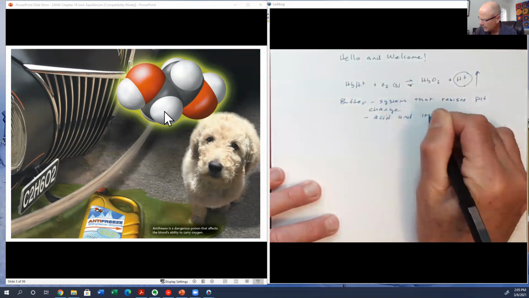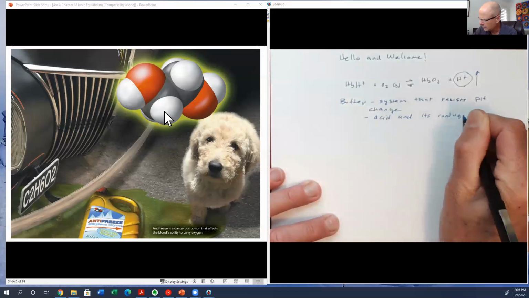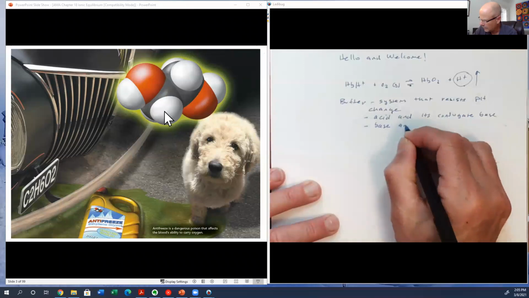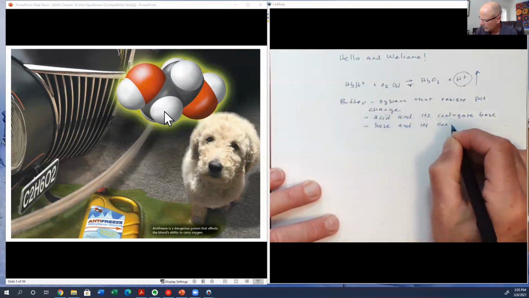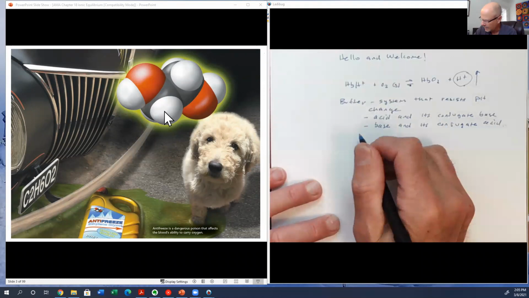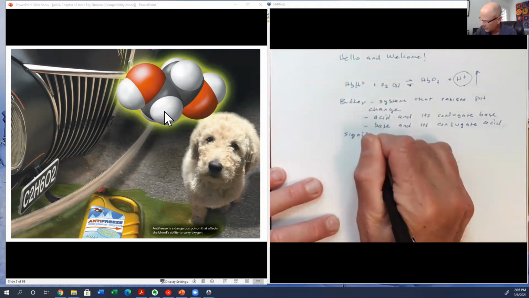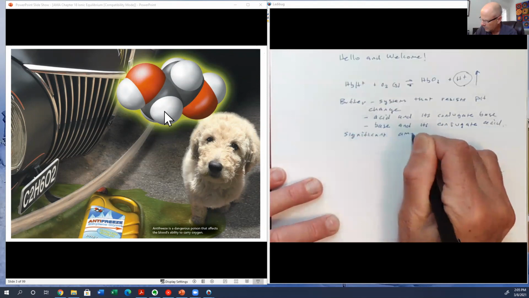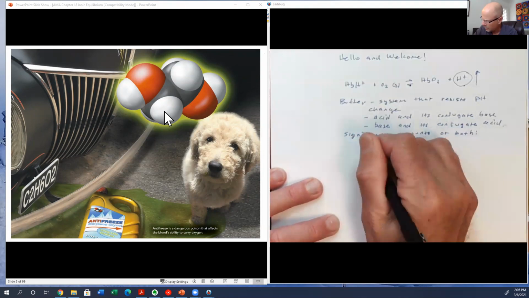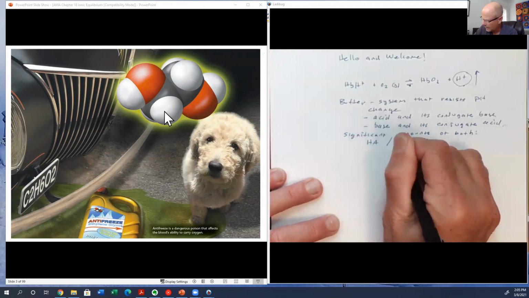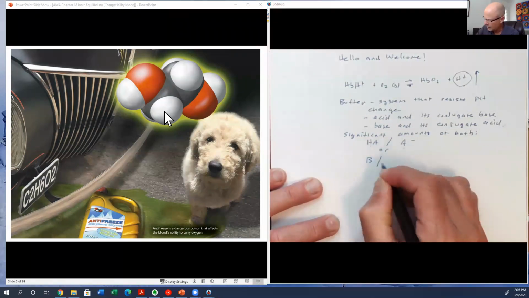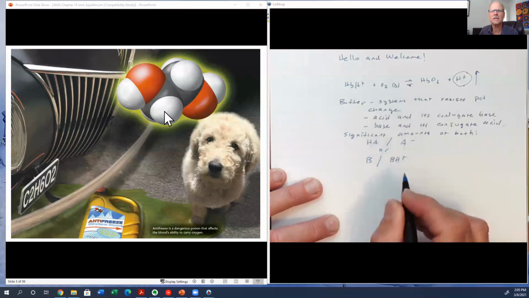It's a system that resists pH change, and it's composed of an acid and its conjugate base, or a base and its conjugate acid. In other words, it has significant amounts of both HA and A minus, an acid and its conjugate base, or B and BH plus, a base and its conjugate acid.